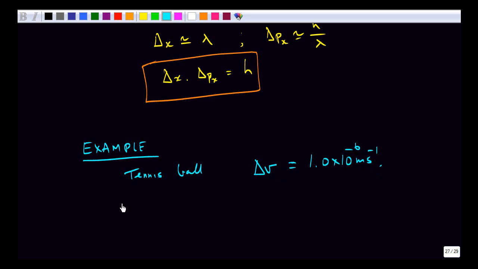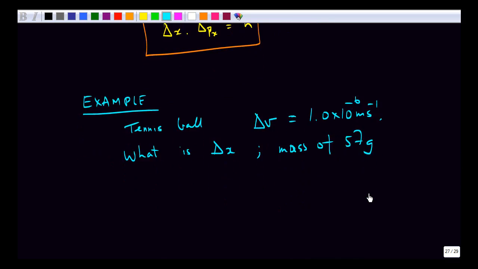We could ask now the question, what is the precision in which we could measure the position of that tennis ball, or what is delta x? And again, like the previous example, we're going to assume that the tennis ball has a mass of 57 grams.